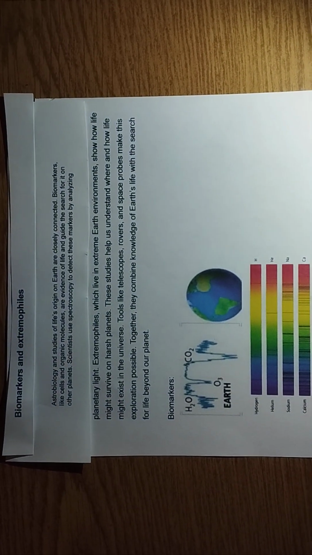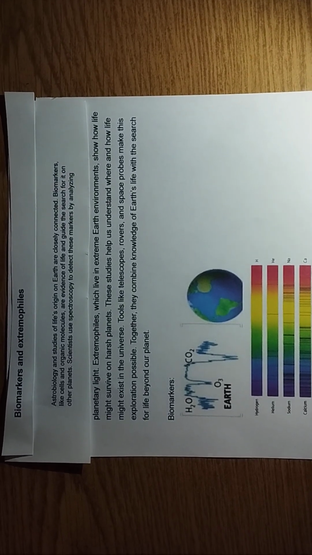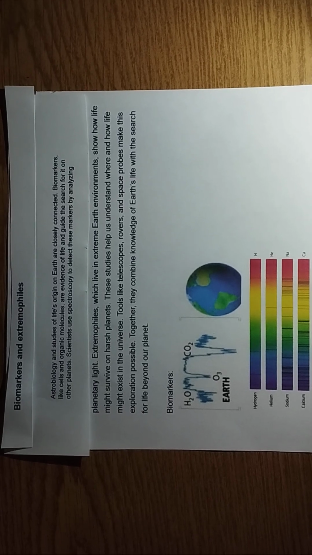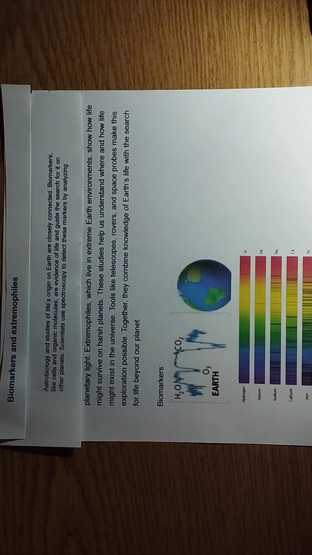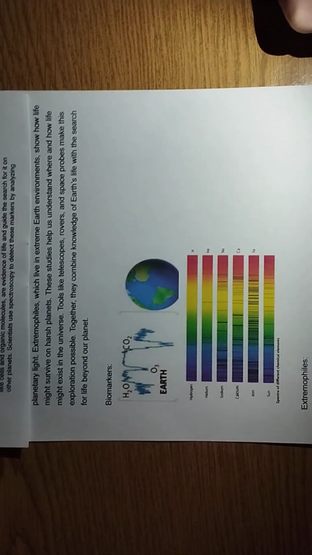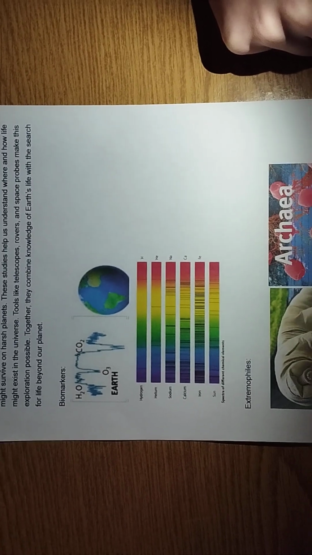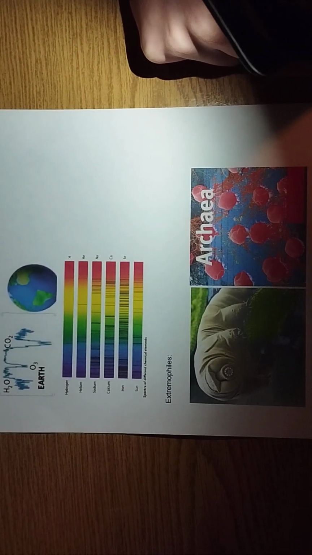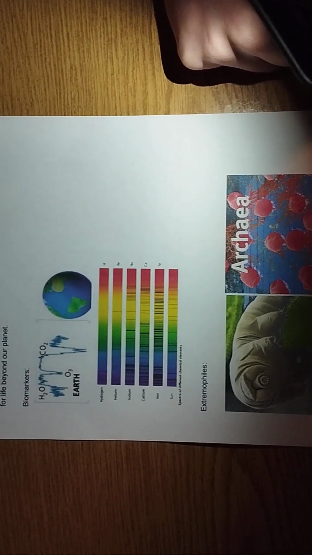Well, then, extremophiles, which live in extreme Earth environments, show how life might survive on harsh planets. These studies help us understand where and how life might exist in the universe. Tools like telescopes, rovers, and space probes make this exploration possible. Together, they combine knowledge of Earth's life with the search for life beyond our planet.